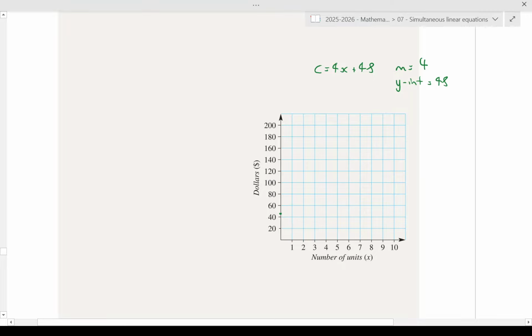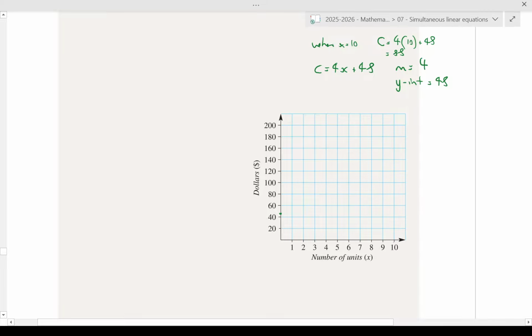So when x equals 10, we would have C equals 4 times 10 plus 48, which equals 88. So I know when it's 10, my cost is going to be 88, which is about there. So I can then draw the line up through that point, and that is my cost.